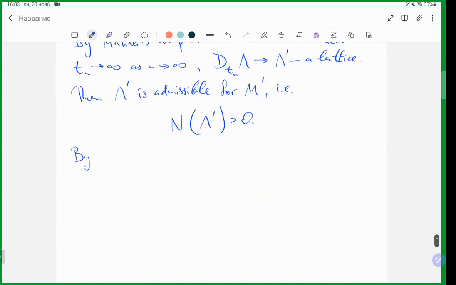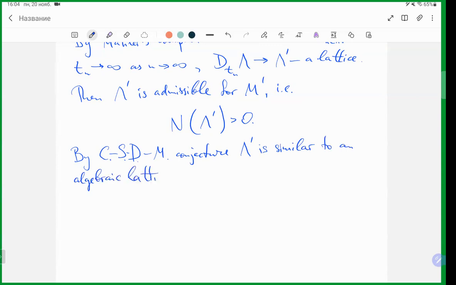So by the Cassels-Swinnerton-Dyer Margulis conjecture, lambda prime is similar to an algebraic lattice. And we can apply the isolation theorem.